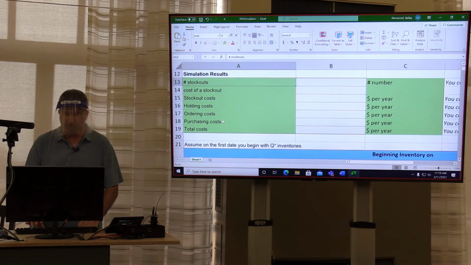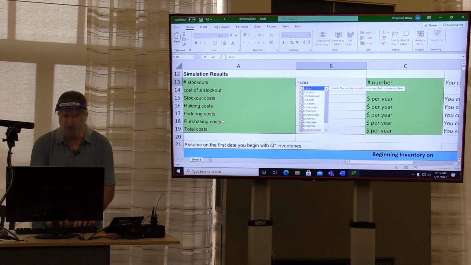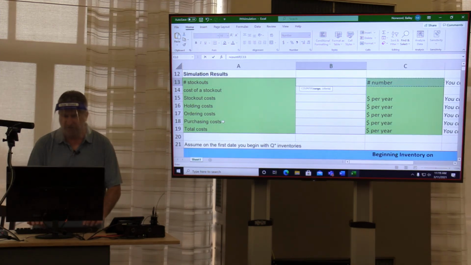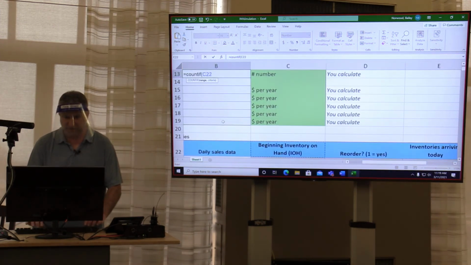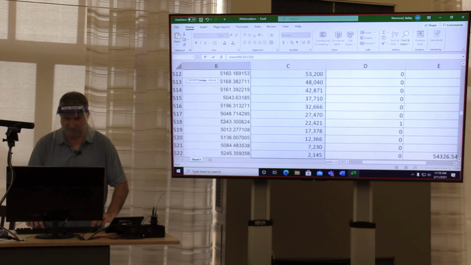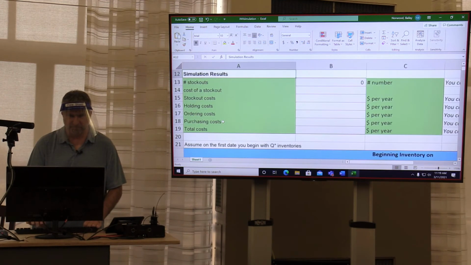And to do that, we can just use the COUNTIF function. So COUNTIF, I want to count inventory on hand, count if any of those values equaled 0. And none.